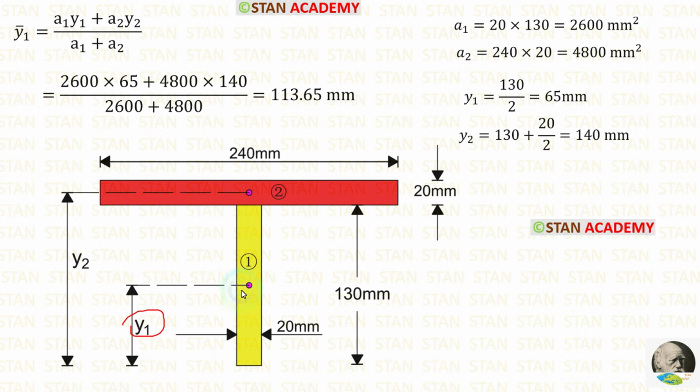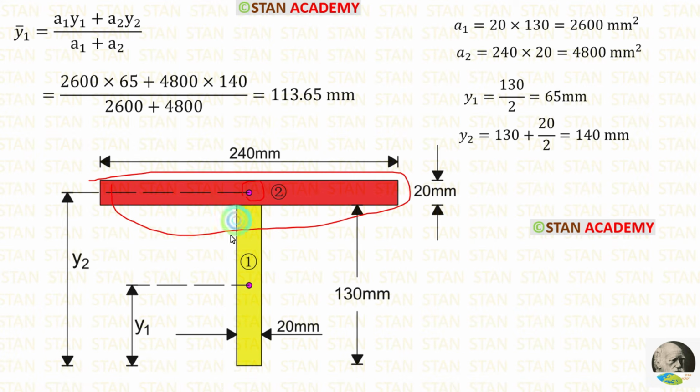Y1 is the distance from the centroid to the equal area axis. This web is a rectangle. For a rectangle, the centroid will be in the center. So y1 is equal to 130 by 2. We will get 65 mm. y2 is the distance from the centroid of the flange to the equal area axis. This flange is also a rectangle, so the centroid lies in the center.